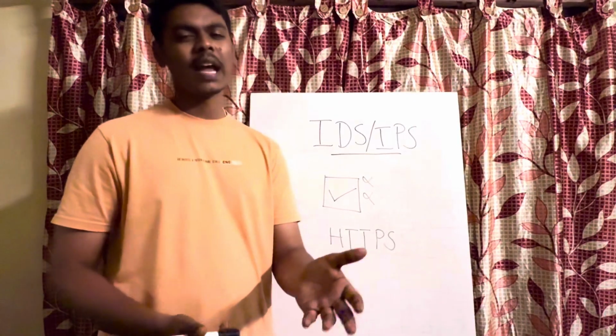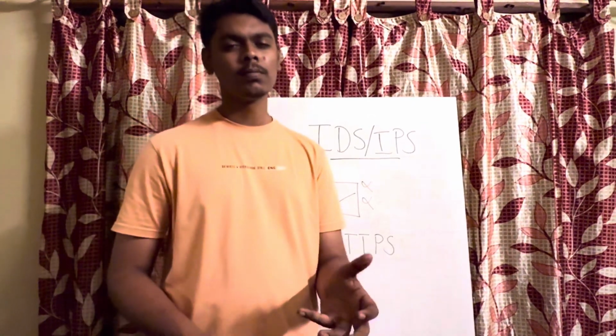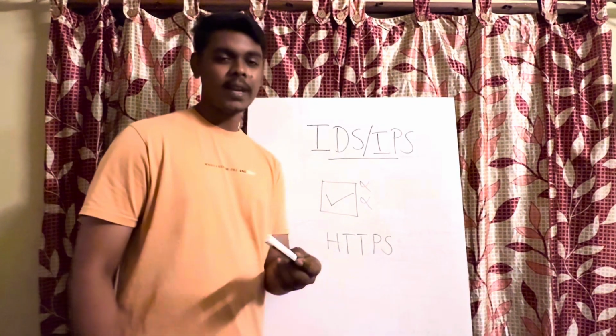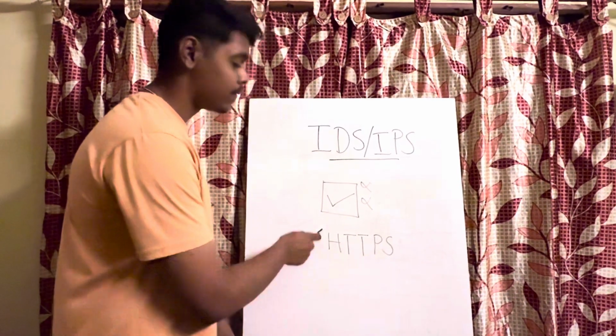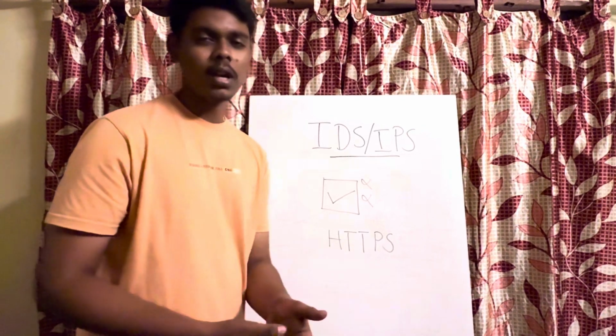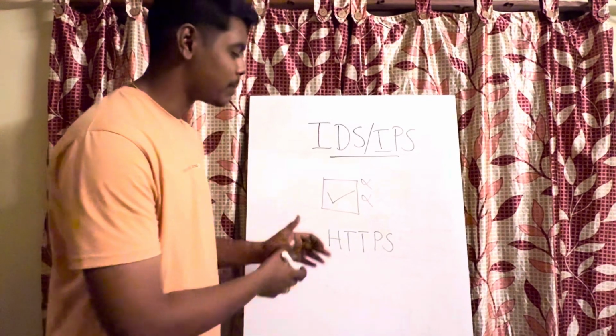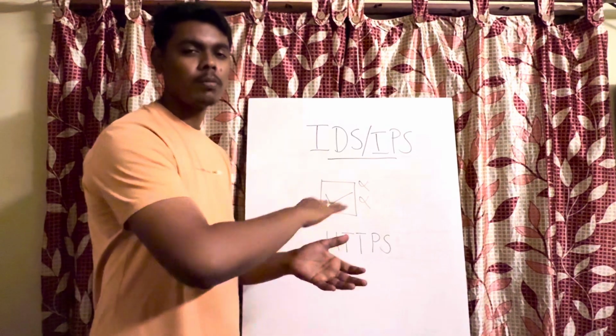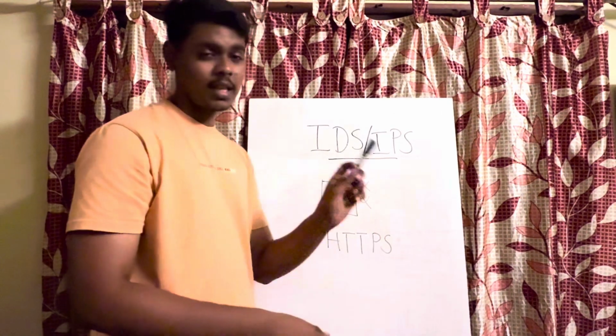Now, while our IDS and IPS might be powerful, they are not without their own set of challenges. The first challenge faced by IDS and IPS is false positives. You know how we learned that an anomaly-based IDS will pick up anything that's new or abnormal from your normal behavior and flag it as suspicious?